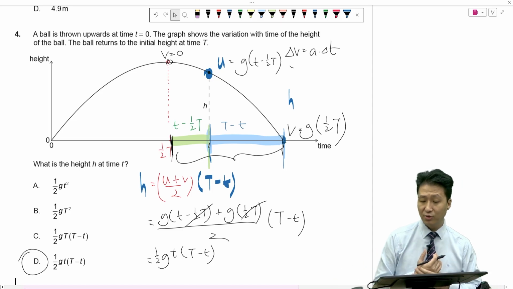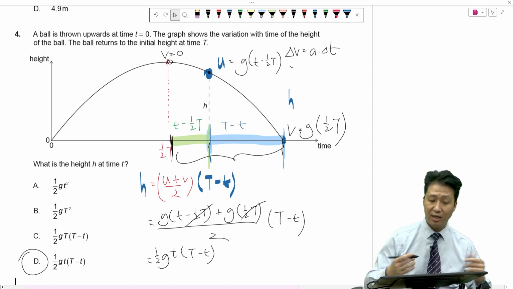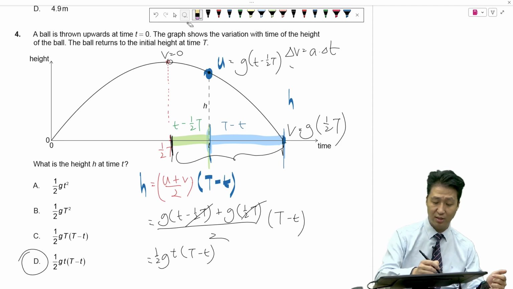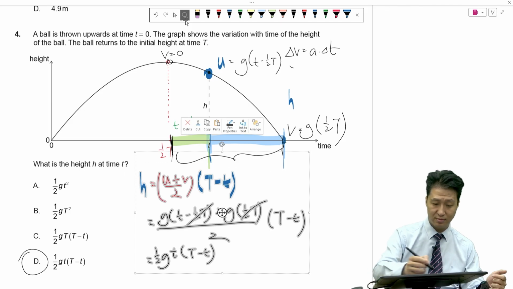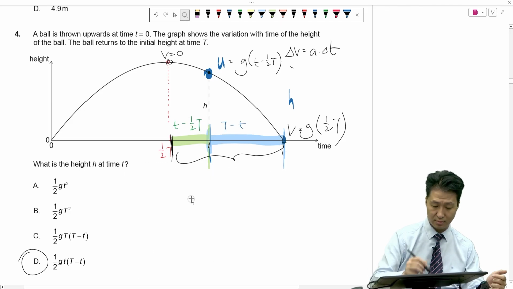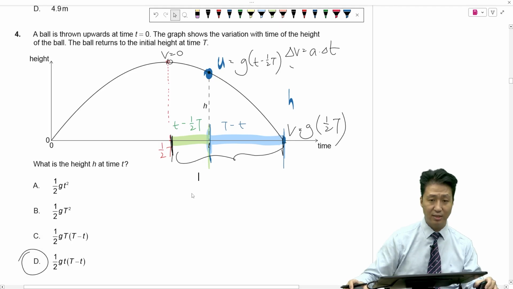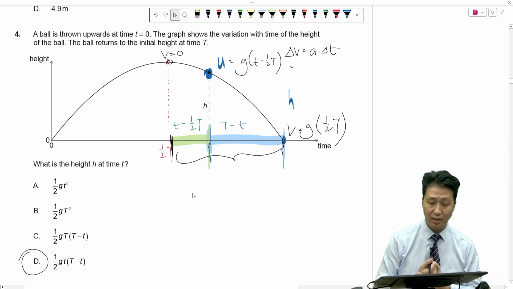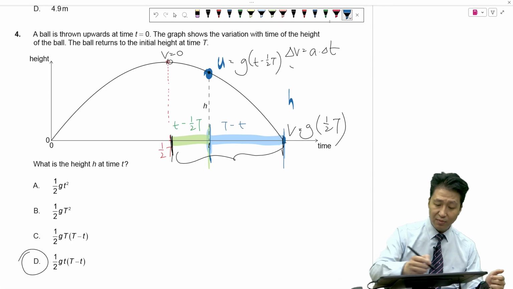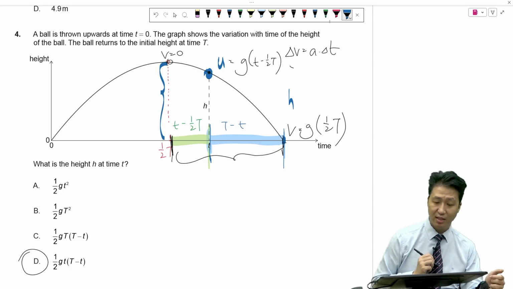Now, we said we will also do a second method to solve this problem. So what we'll do is we'll try to get another SUVAT equation and use it to get the same result. So first thing we're going to do is erase these equations here. So what's the second method that we're going to use? Well, if we were able to find the maximum height, all we would need to do is subtract this other height from the maximum up to here.